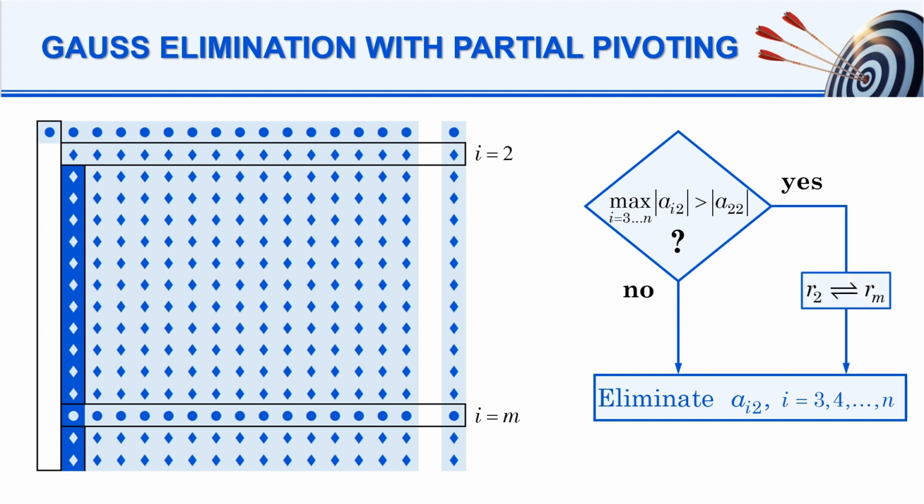However, if the element with the largest magnitude is in row m, that is, Am2 is largest in absolute value, row 2 and row m are interchanged. This operation places the largest element in the second row pivot position. Then, the Gauss elimination procedure can be implemented as usual by using the pivot to eliminate the elements below it in column 2.